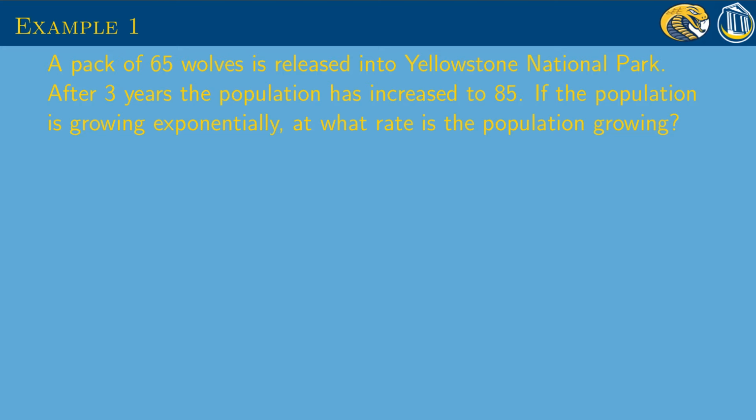Same setup as before. A pack of 65 wolves is released into Yellowstone National Park, and after 3 years, the population has increased exponentially to 85. We know this is going to look like f of x equals a times b to the x, or actually this will be 65 times b to the x, since we already know our initial value.